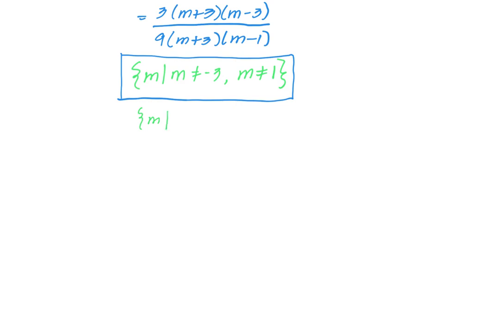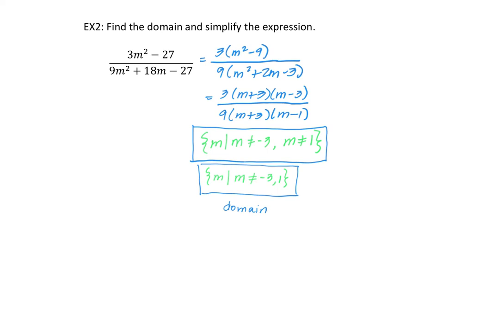Instead of writing m not equal to negative 3, m not equal to 1, they will write m cannot be equal to negative 3, comma 1. Both of these are correct. So this would be the domain. It's the domain of our original expression.